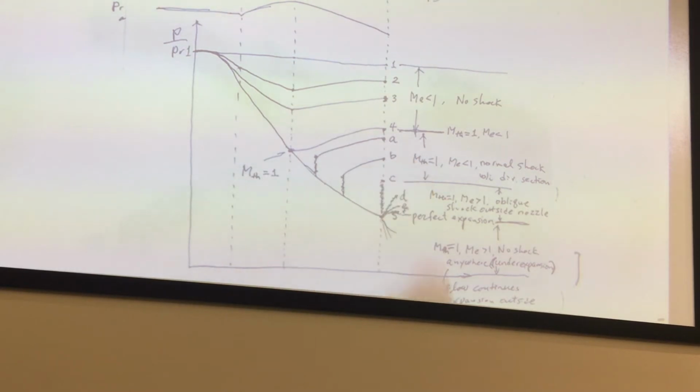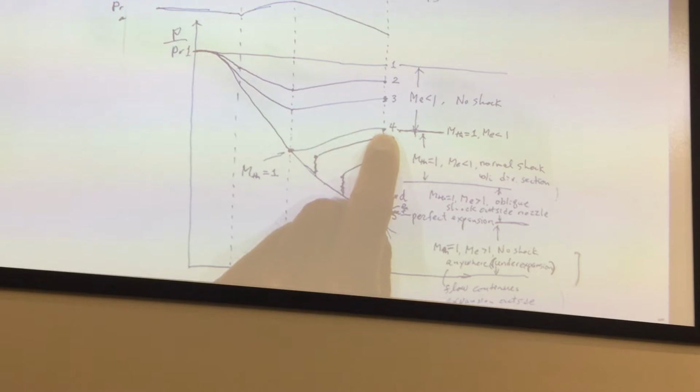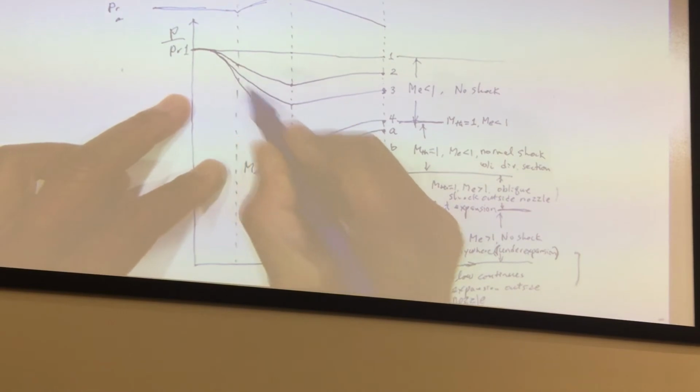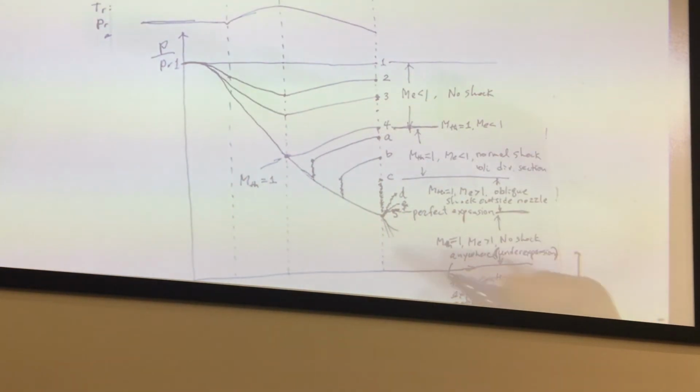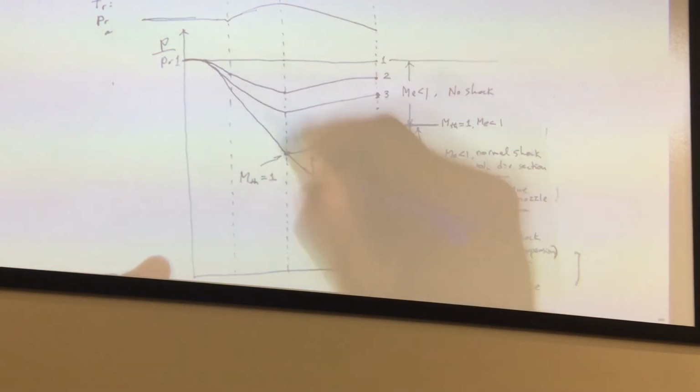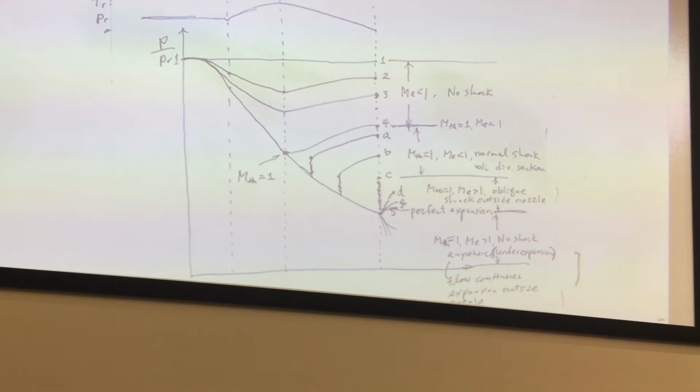If the back pressure is below the corresponding pressure at 4, then the nozzle is choked. Right? So, just for illustration, if I draw another curve, I call this 4, I call that 5. You know what I'm saying? Then you can say it's 5 to 1. If I draw 20, as I said, you can draw an infinite number of them.